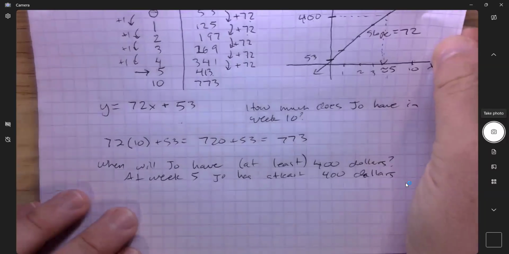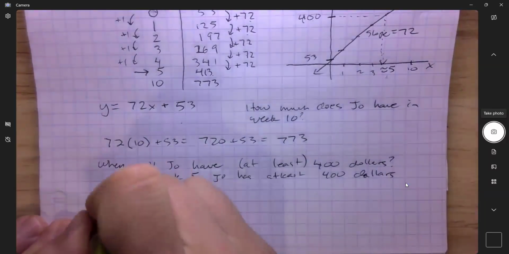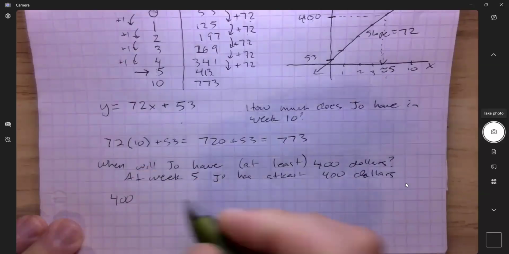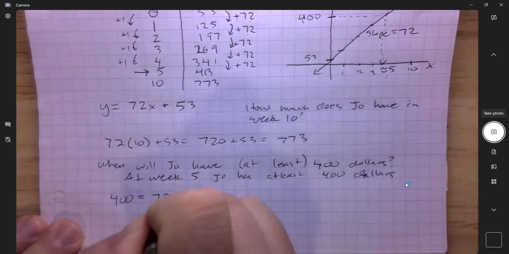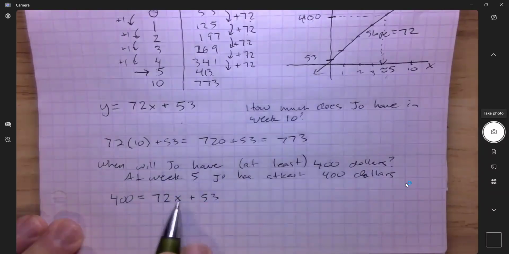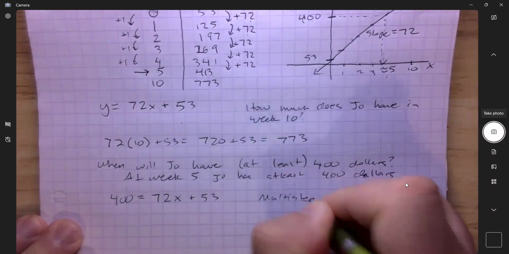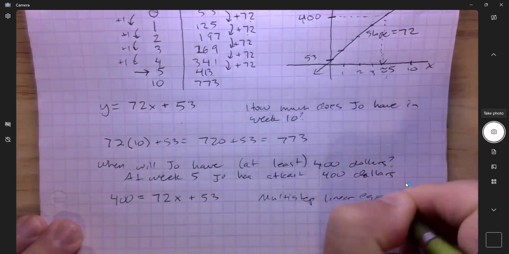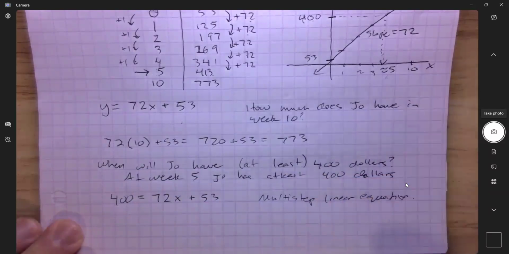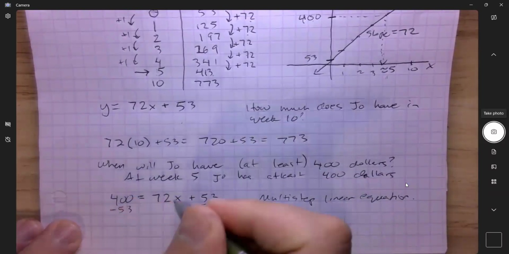And finally, I can use the symbolic formula because I want to know when Joe has at least $400. So I'm looking for the week. So I set up an equation where I now have to find out what x is. And here's our multi-step linear equation. And we solve this like we did in chapter 1.